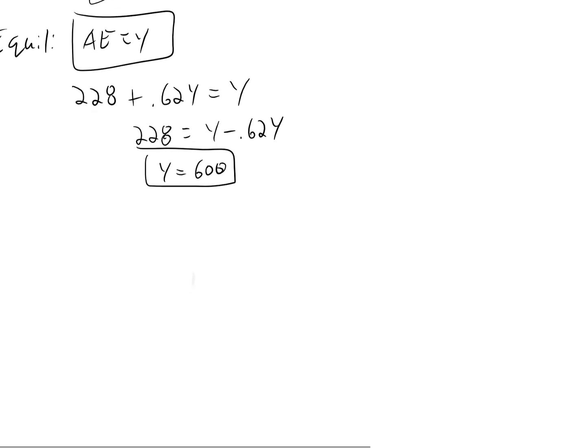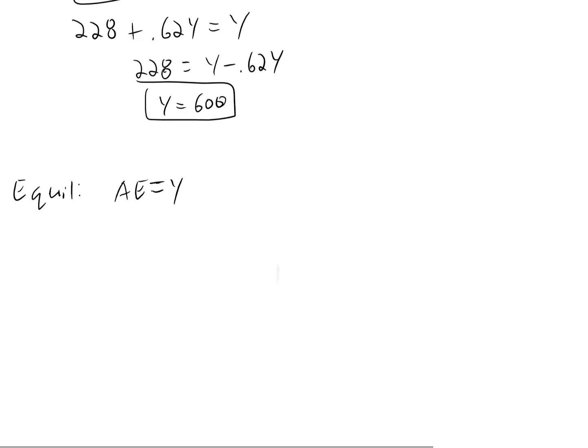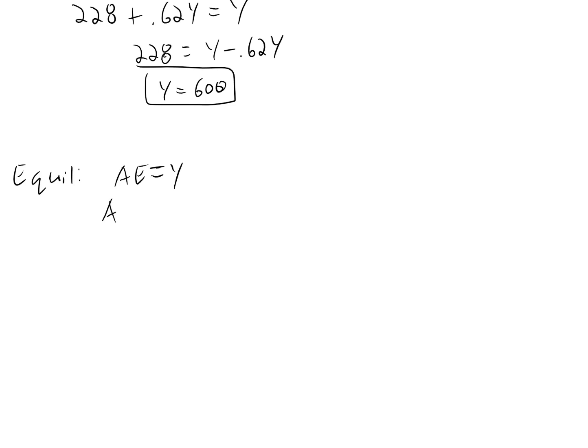The other way to solve this, the more general way, is to again invoke equilibrium, which I'll make sure is on the screen this time, which is AE equals Y. And we know the functional form of our AE function is A, capital A, plus Z times Y equals Y. Then we solve for Y and we get A over 1 minus Z. Now we can just plug in what this capital A is and what this Z is.